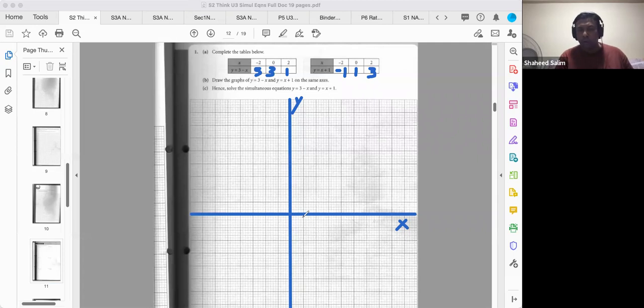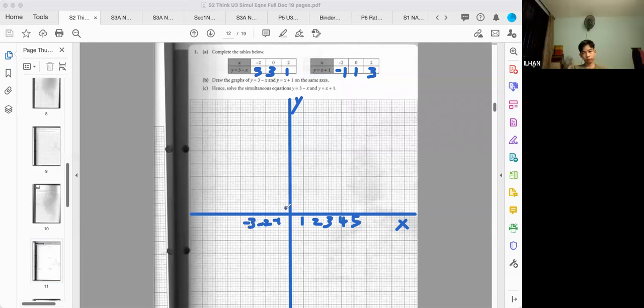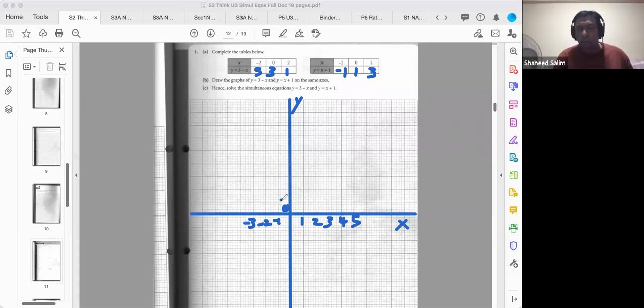Down here 1, 2, 3, 4, 5. This one -1, -2, -3, and so forth. Then down here the center is 0.